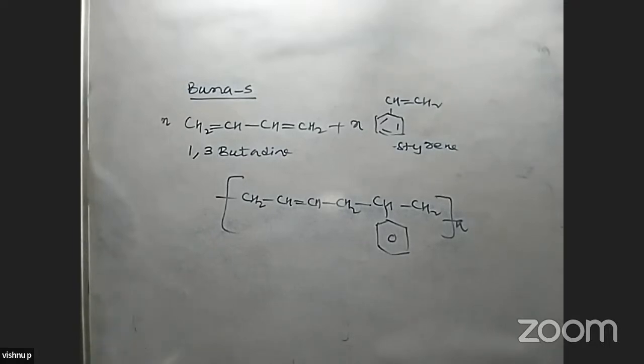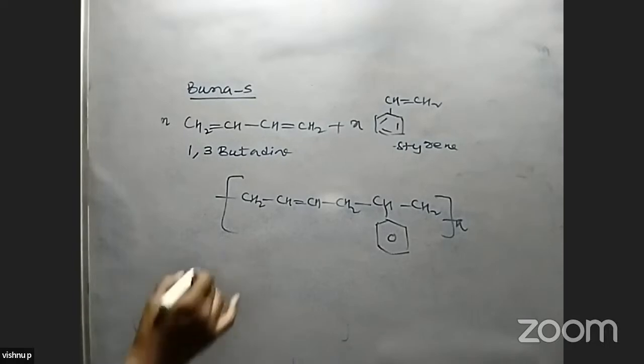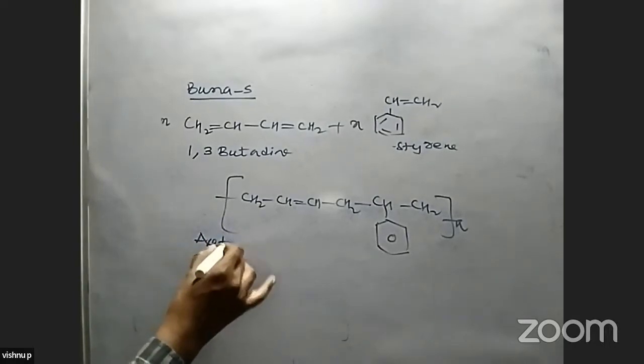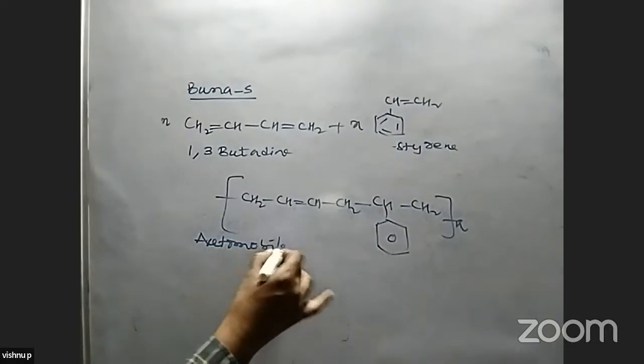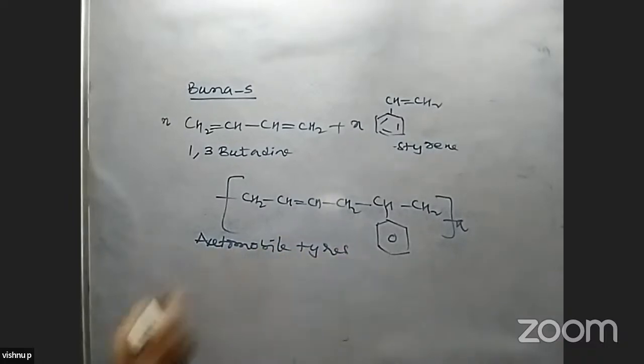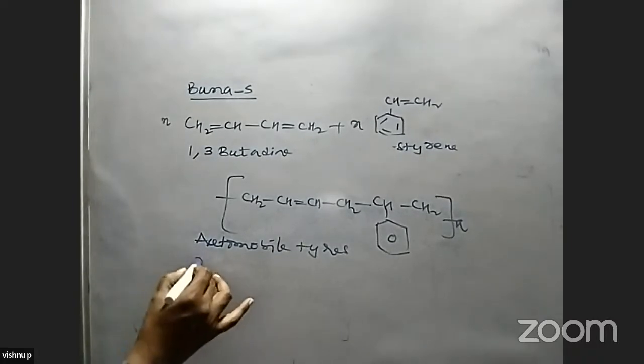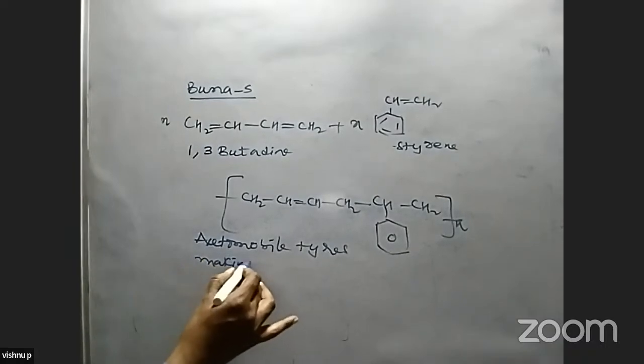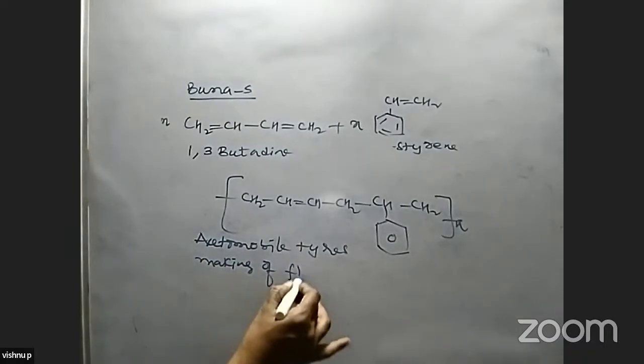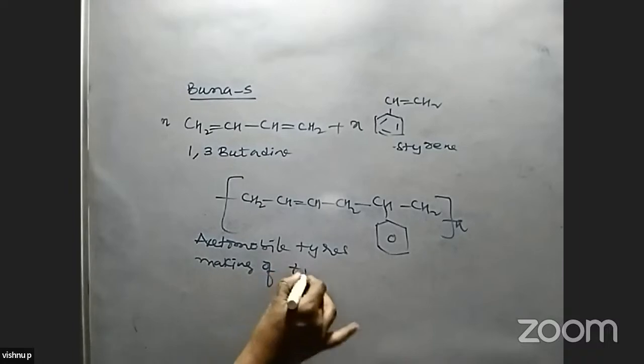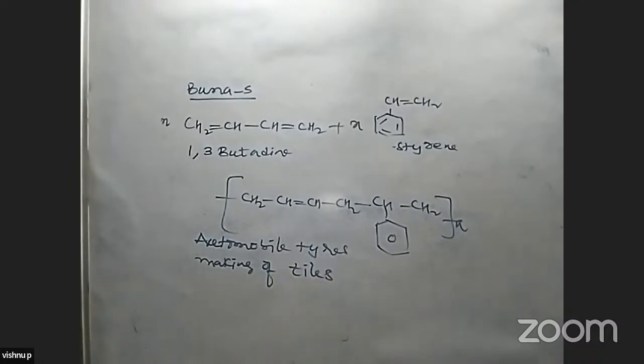What is the use of this Buna S rubber? First, it is mainly used in automobile tires, mainly made of vulcanized rubber or Buna N rubber, and also in the tile industry.